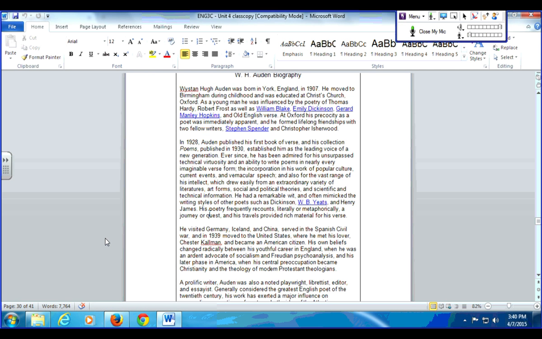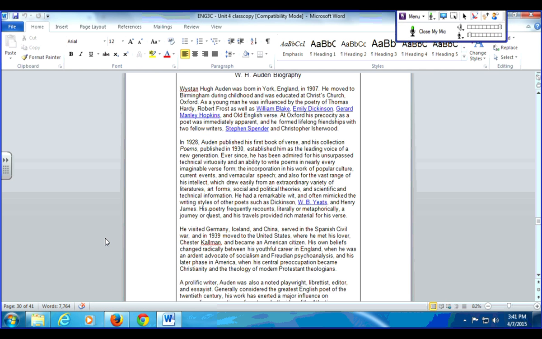At Oxford, his precocity, or his skill as a poet, were immediately apparent, and he formed lifelong friendships with two fellow writers, Stephen Spender and Christopher Isherwood. In 1928, Auden published his first book of verse, and his collection of poems, published in 1930, established him as a leading voice of a new generation.